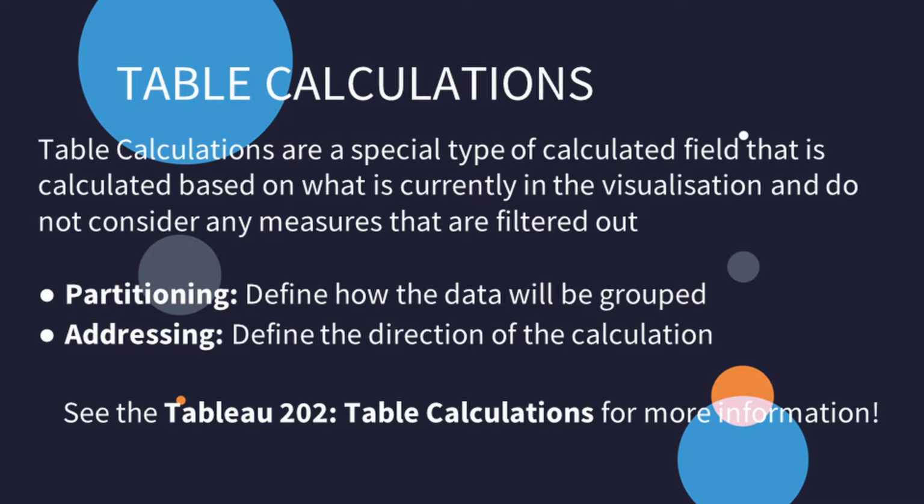And you can also then define whether that will be your previous cell, so literally the next one across, or it could also be a previous year, which would look further back in your data. Again, a very brief overview, and you want to look at Tableau 202, Table Calculations, for more information. Again, that will be later on in the playlist, as well as linked below the video.